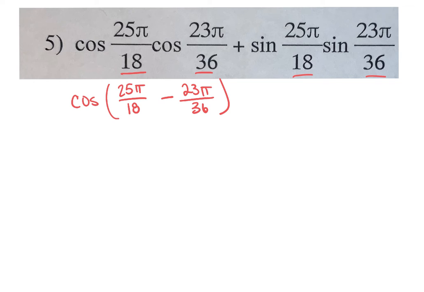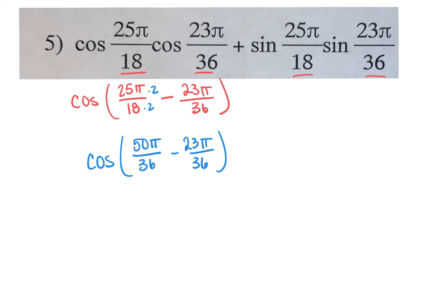So 25 pi over 18, 23 pi over 36. I am subtracting fractions. What must I have? What is my common denominator? It's 36. So multiply the top and bottom of this one by 2. So that's the cosine of 50 pi over 36 minus 23 pi over 36.